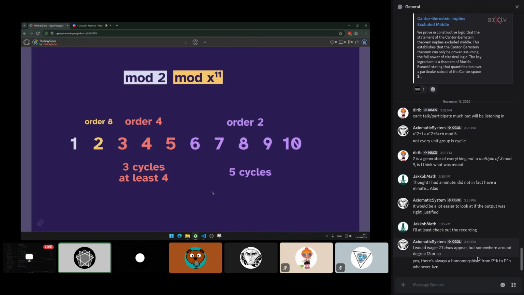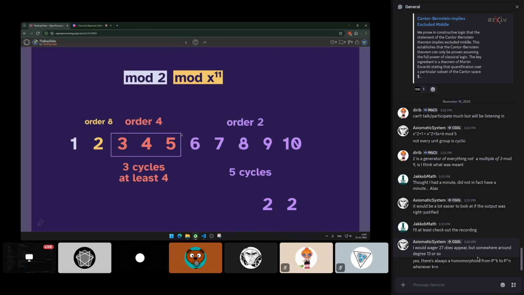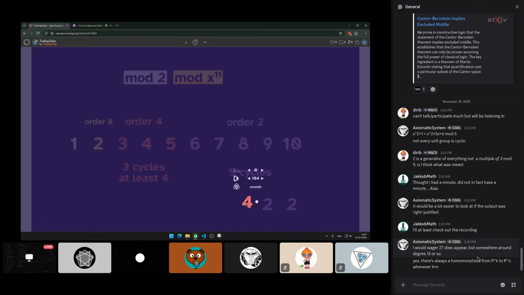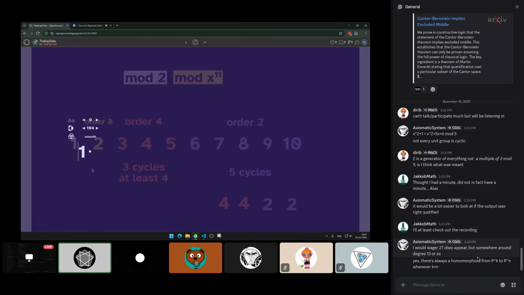And so we'll have 5 cycles that are all at least 2. 3 of those are at least 4. So that means that 2 of the 5 cycles are not at least 4. We'll have a 2. And then 3 of these are at least 4, but only 1 of them moves on. So we get 2 of them are 4 cycles. And then 1 of them is at least 8, and that same one is also at least 16.